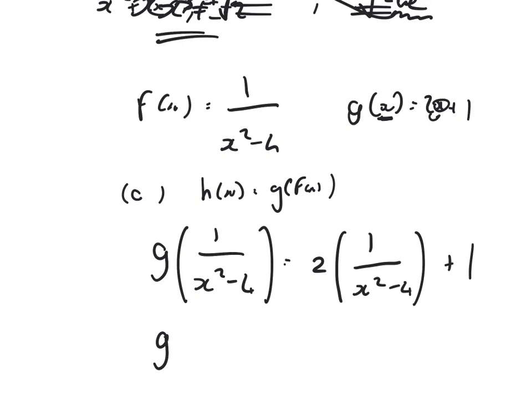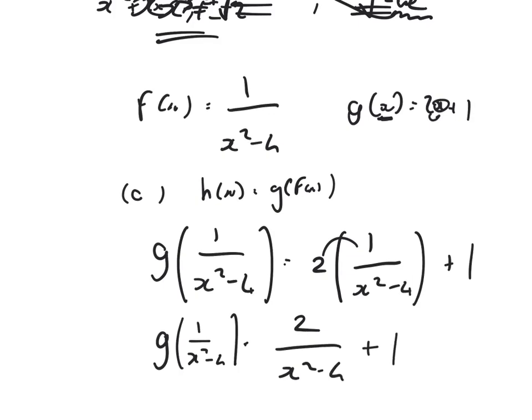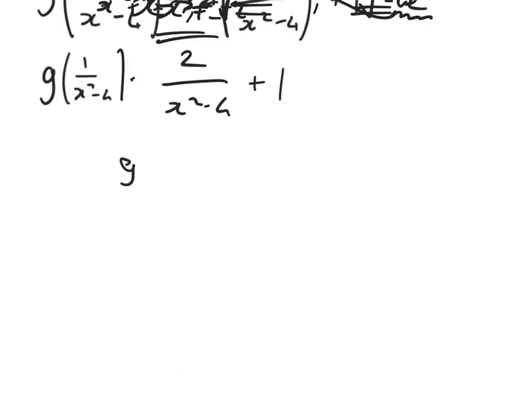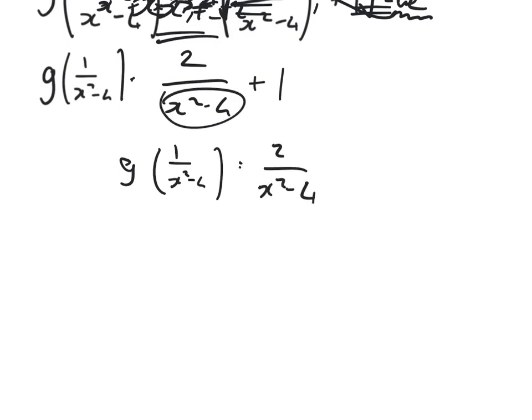Okay, so let's just simplify this. So that would be 2 over x squared minus 4 plus 1. Okay, and I can simplify that. So 2 over x squared minus 4, I can get a common denominator here of x squared minus 4.